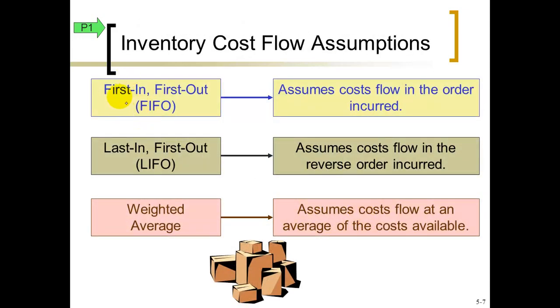FIFO, standing for first in, first out, means that the items that came in first, like your beginning inventory unsold from last year, are the first items to be sold. So when you try to figure out what's left over, it's probably the last purchase that is going to be in your ending inventory. Here it says the regular flow. If you look at, let's say, a pipe, and you sell bowling balls.